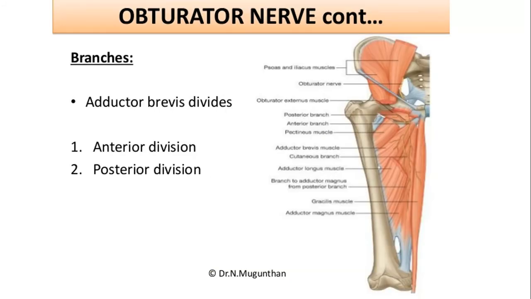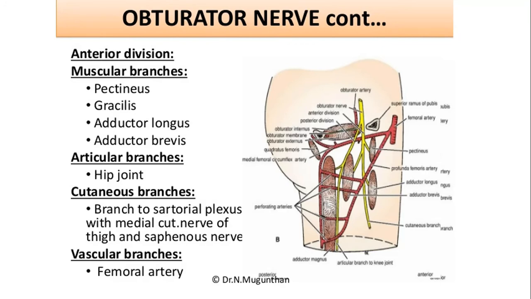So the anterior division supplies pectineus, gracilis, longus and brevis, and articular branches to the hip joint. The cutaneous branch to the sartorius, subsartorial plexus with the medial cutaneous nerve of the thigh and saphenous nerve. It also supplies the femoral artery.